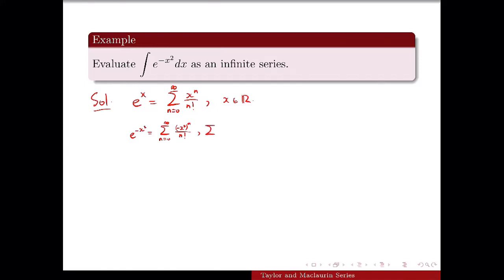And this is just the sum, n from 0 to plus infinity, negative 1 to the n, x to the 2n over n factorial. And this is true for any real number.